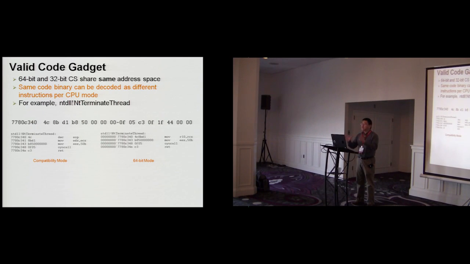Actually not exactly the same, but that means the 32-bit code belongs to part of the 64-bit. So in 32-bit code, you can access 64-bit code. In 64-bit code, you can also access 32-bit code. That's not exactly the same address space, but they overlap.